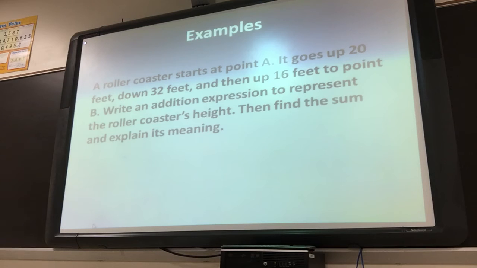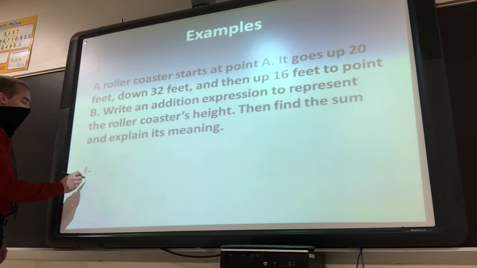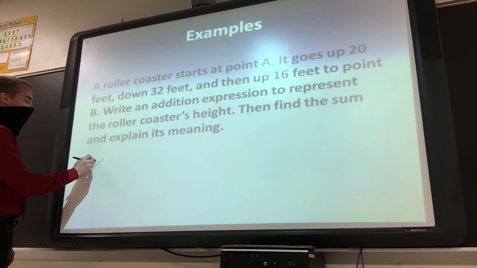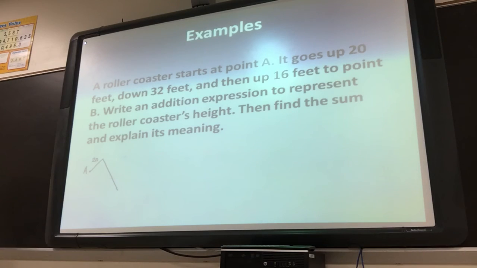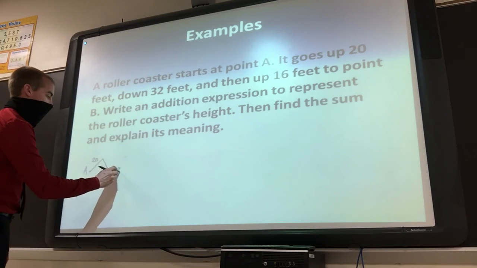Word problem. Roller coaster starts at point A. It goes up 20 feet. It goes down 32 feet. How should we write down 32 feet? Josh? Negative 32.